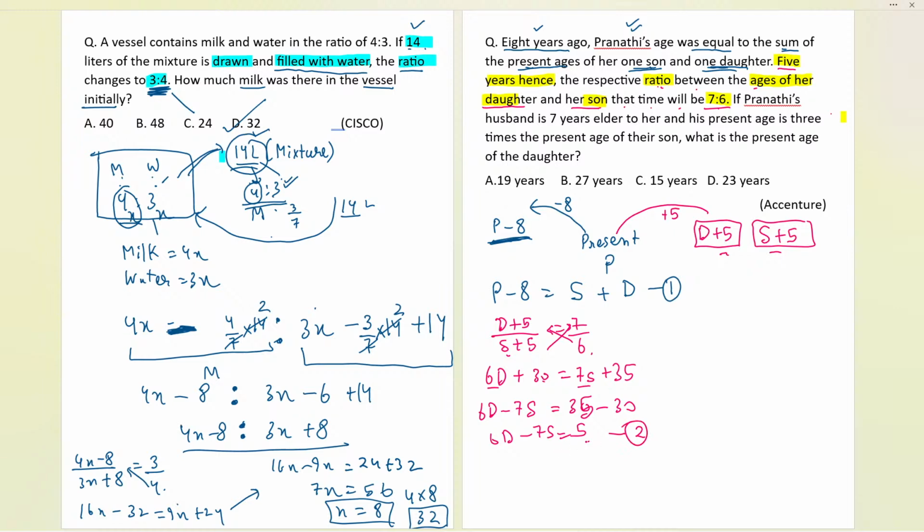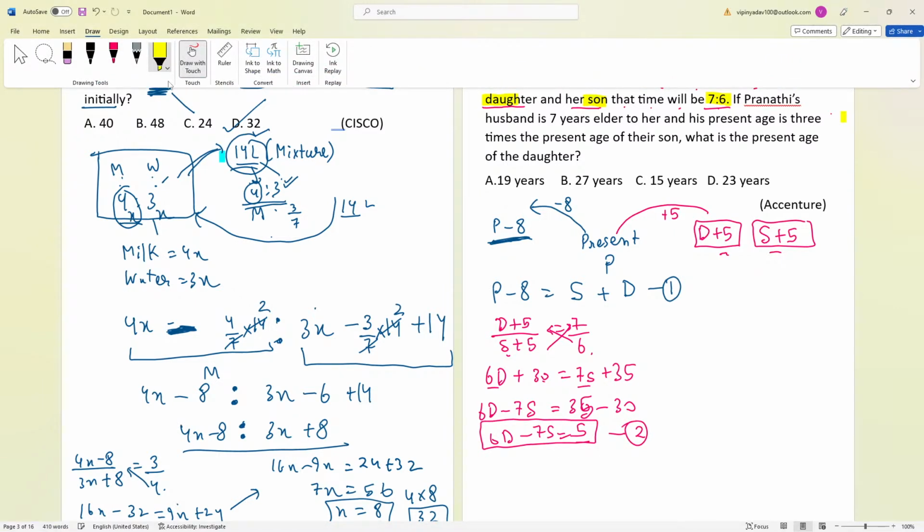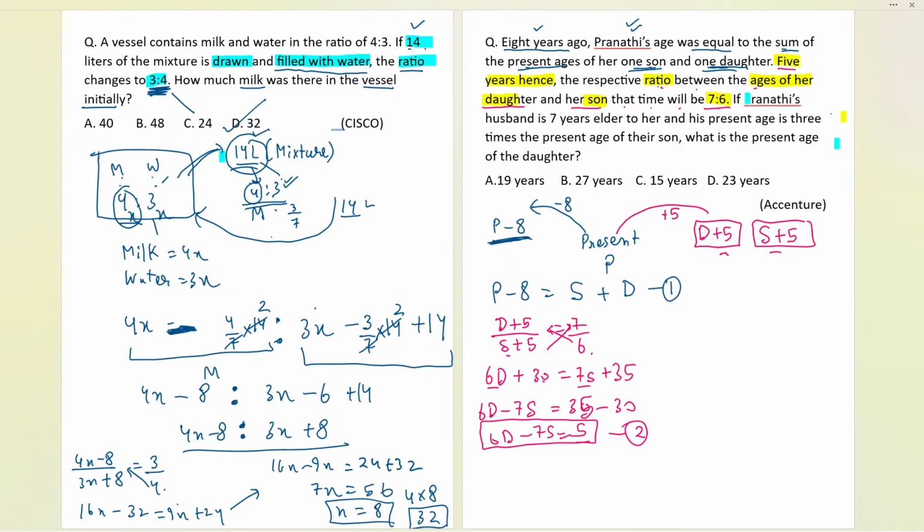Second equation. Now, let us see further what they are saying. Further they are saying that, let us consider, if Pranthi's husband is 7 years elder, 3 conditions we are framing, okay? Already 2 conditions I have framed. Pranthi's husband is 7 years elder to her. Okay, fine.